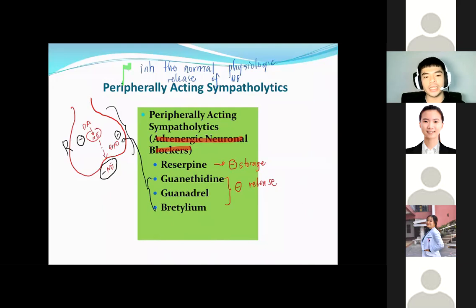And pag hindi natin na-observe ang norepinephrine sa cleft, no receptor activation. Okay? Mabablock ang receptor activation. Kaya ultimately, we tend to inhibit sympathetic effect. Okay? We tend to inhibit sympathetic effect. So that's the mechanism of action of adrenergic neuronal blockers. Naintindihan ba ang MOA ng adrenergic neuronal blockers?